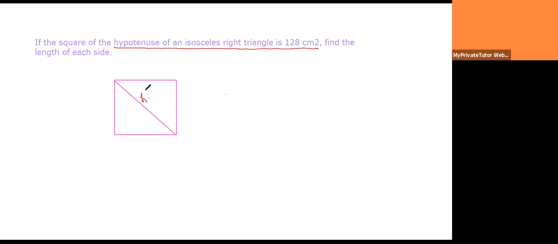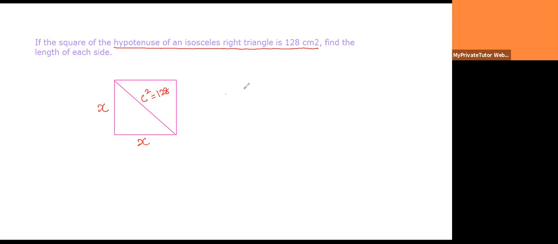They have given the hypotenuse length square, let's say c square is given. This diagonal square length is given, 128. I think this will be easy for you guys now. And let's say the length of all the sides are equal.